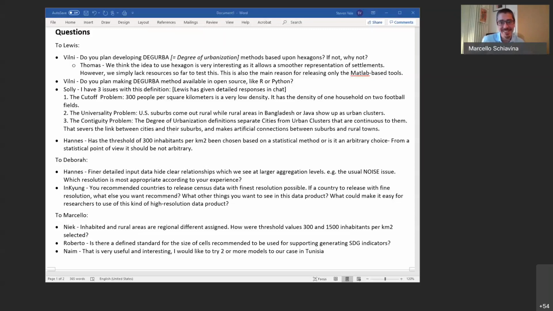Yeah, so they were first developed when we had a European grid. We had Geostat 2006 and then Geostat 2011. And basically, we've tested a whole range of density and size thresholds and compared those results both to national definitions and to settlement definitions.